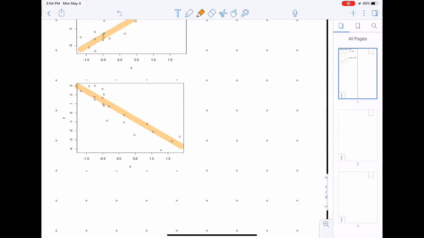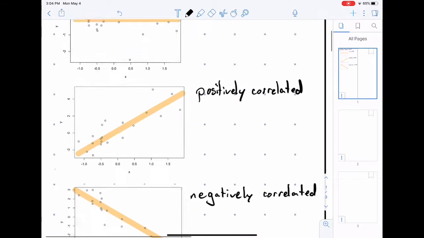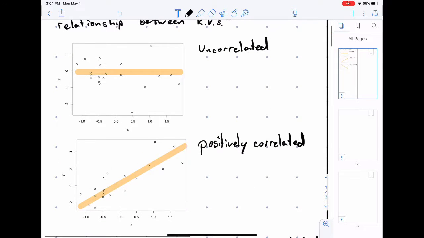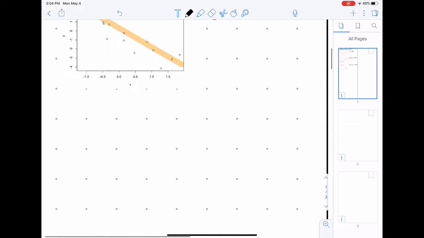This line is sloping down, so this is negatively correlated. That is, the variables x and y are negatively correlated here. So we have uncorrelated, positively correlated, and negatively correlated.